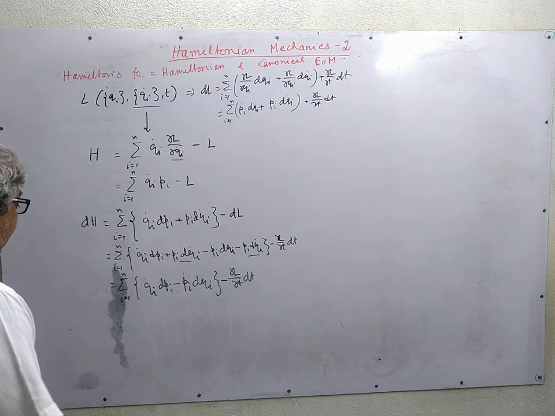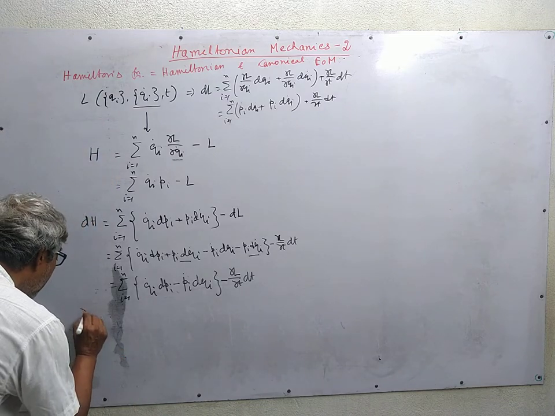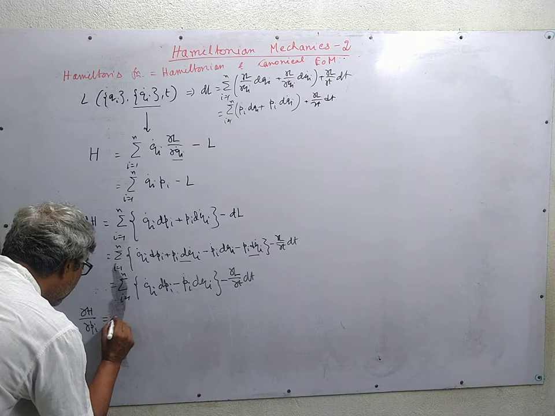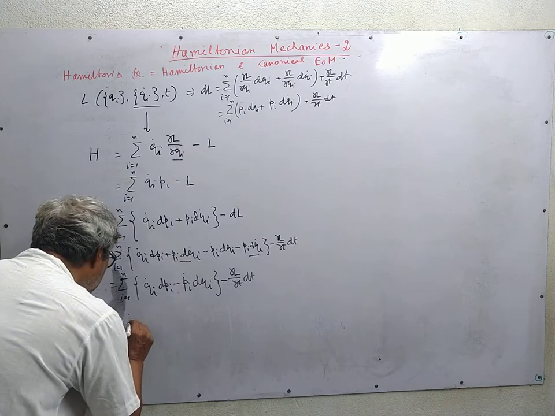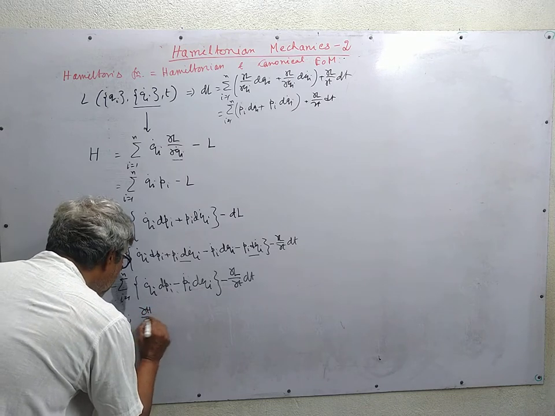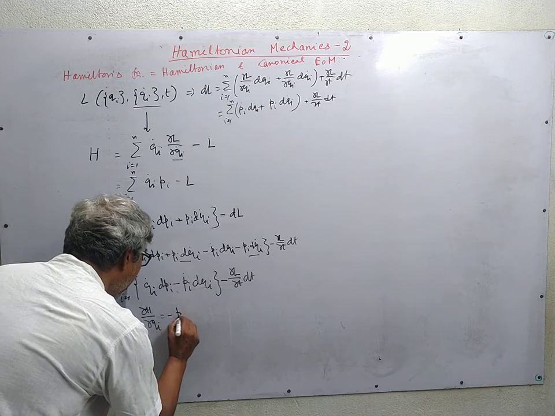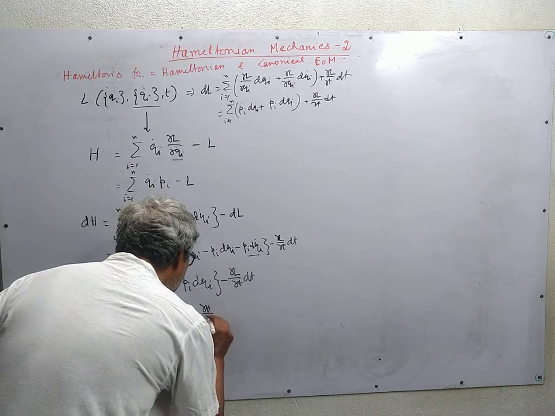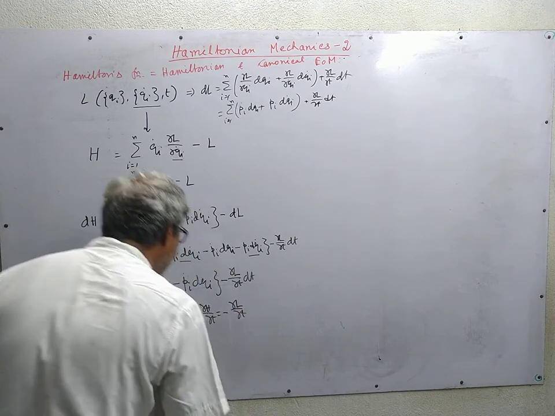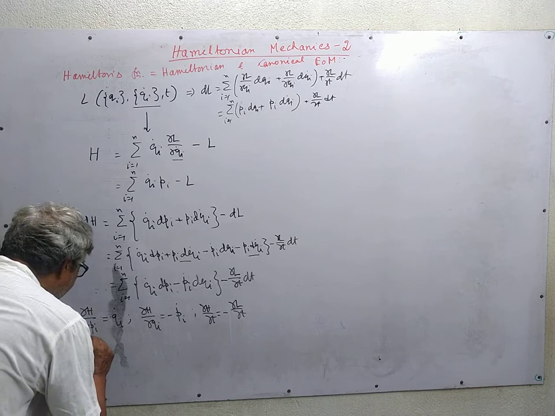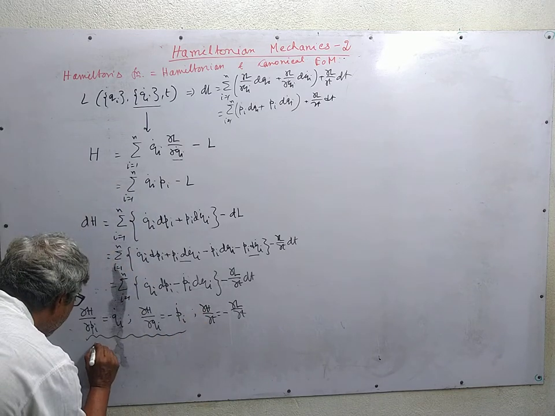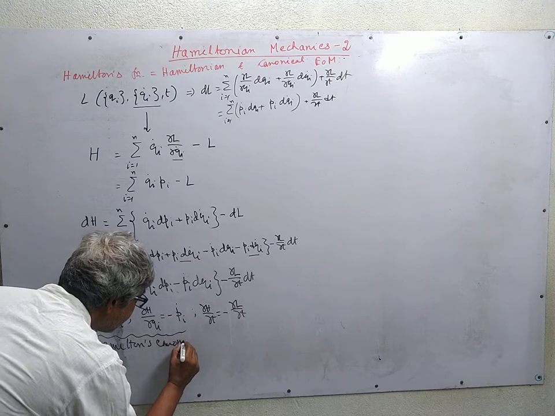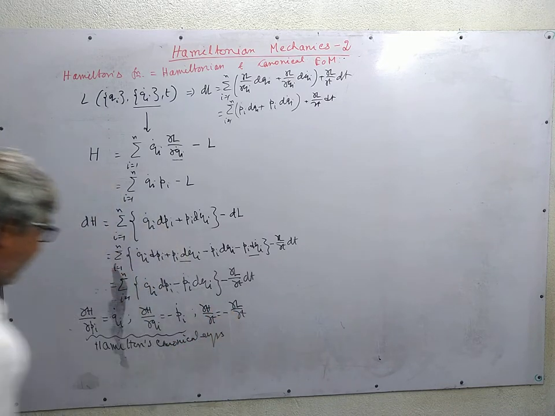From this equation, we readily get that ∂H/∂Pi is equal to Qi dot, and ∂H/∂Qi is equal to minus Pi dot, and ∂H/∂t is equal to minus ∂L/∂t. These first two equations are known as Hamilton's canonical equations.